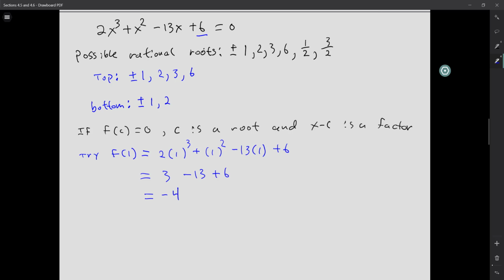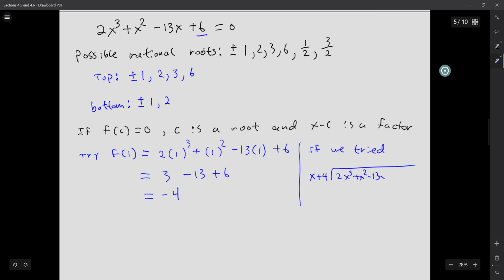So what this says is if we tried x plus 4 divided into my polynomial, 2x cubed plus x squared minus 13x plus 6, and I did all the work, I would get a remainder of minus 4 at the very end of all my work.